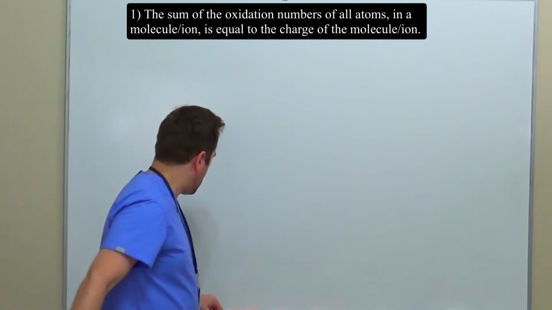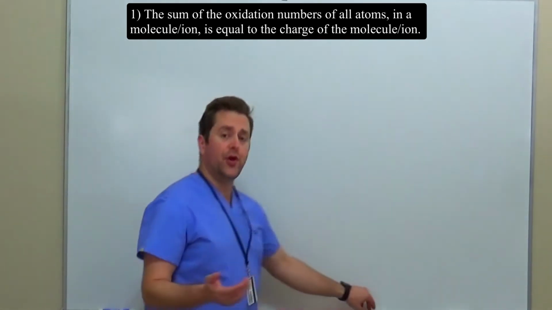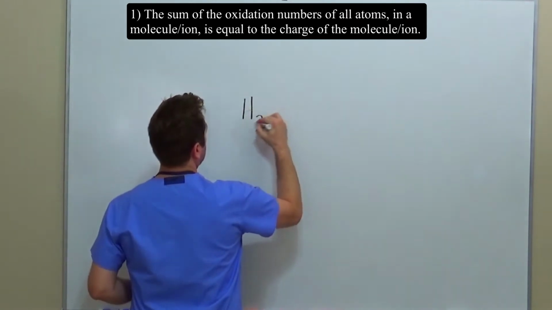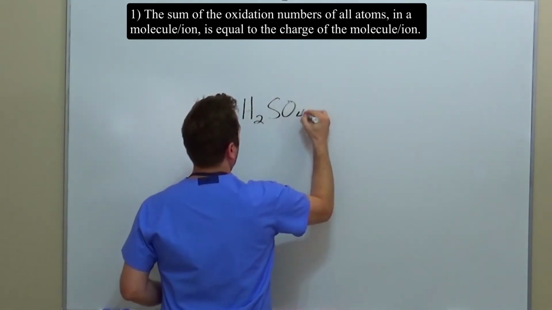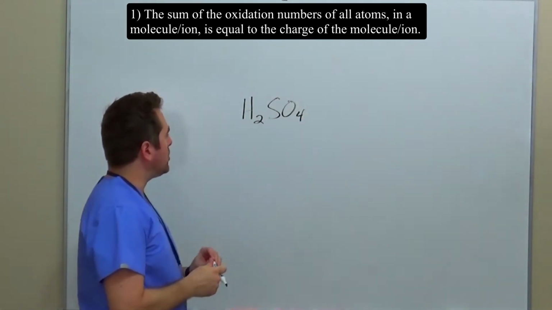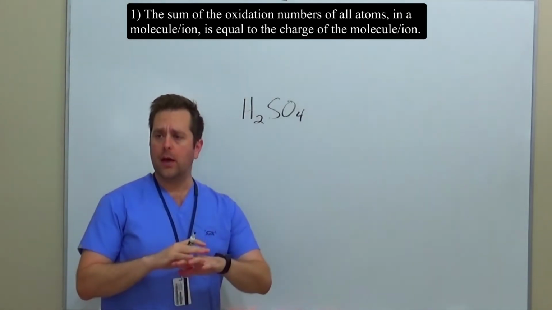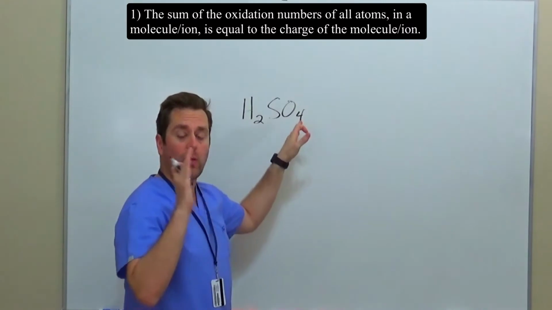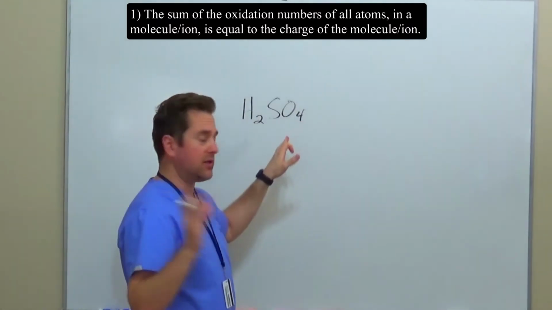So for example, let's say we had sulfuric acid. Sulfuric acid is simply H2SO4. Right? And the way that you would calculate the overall oxidation of the entire molecule is to figure out the oxidation numbers of the individual elements.